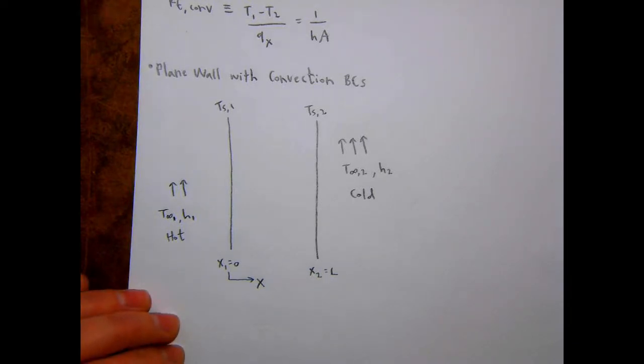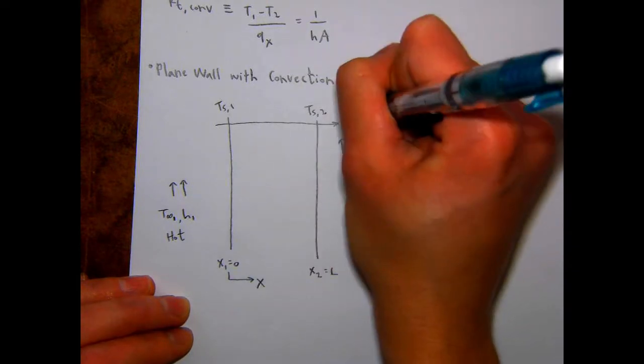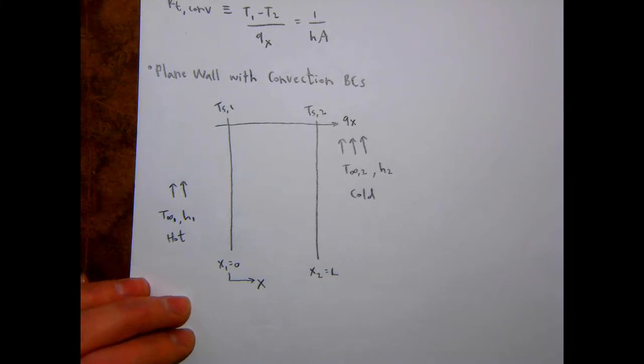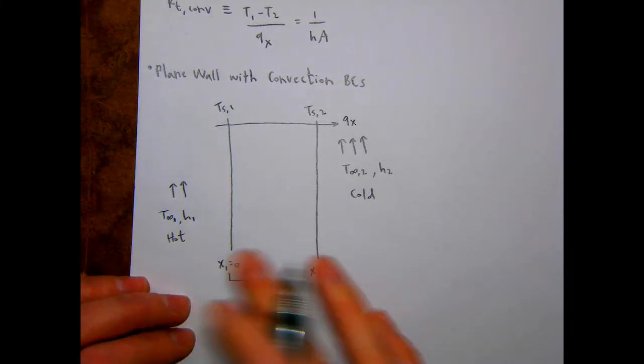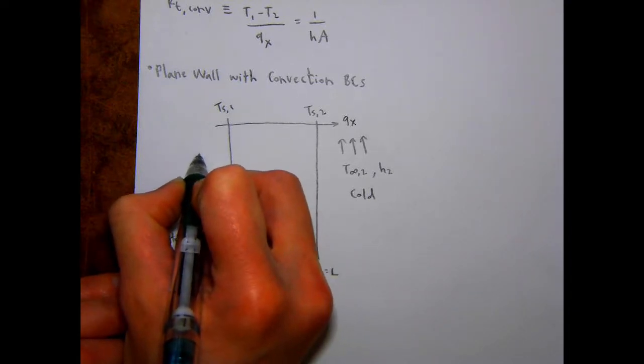So knowing that much, we can already determine the direction of our heat transfer, right? It's going to be going from hot to cold, Q sub X. And then we can also draw kind of just a sketch of the temperature distribution in the system. So we know for convection, we're going to have the temperature equal to the fluid temperature out here.